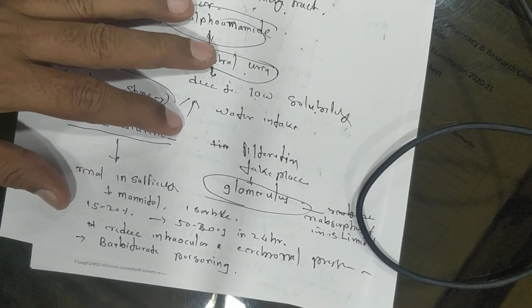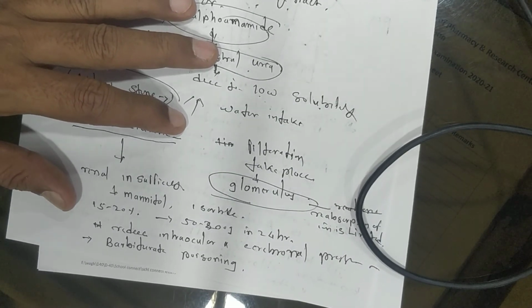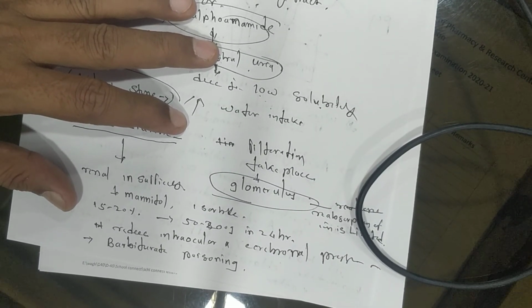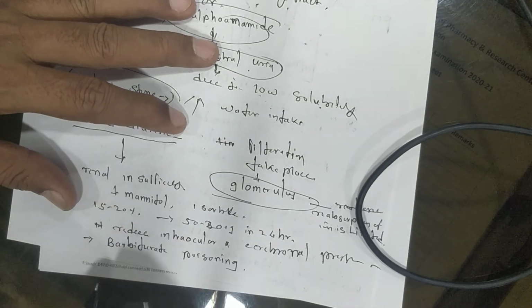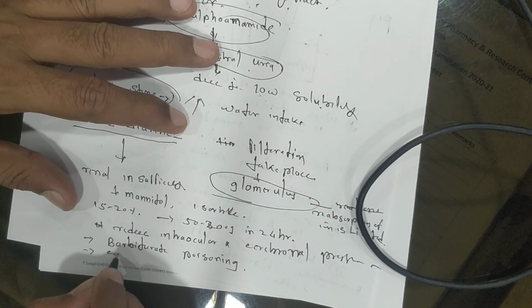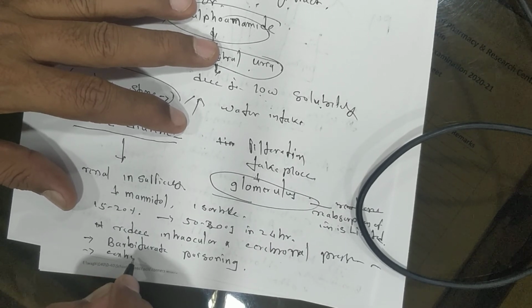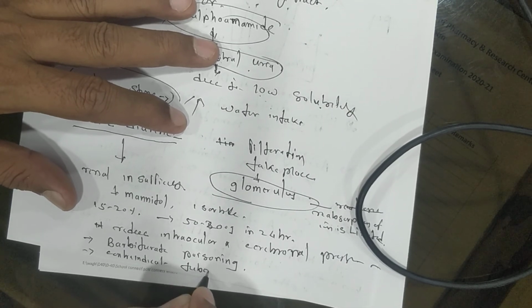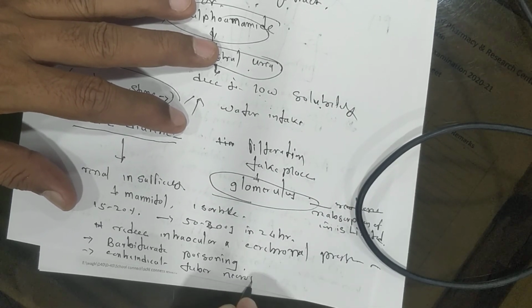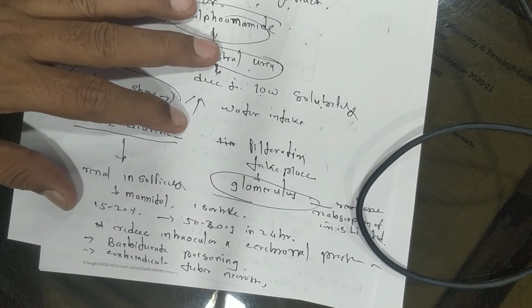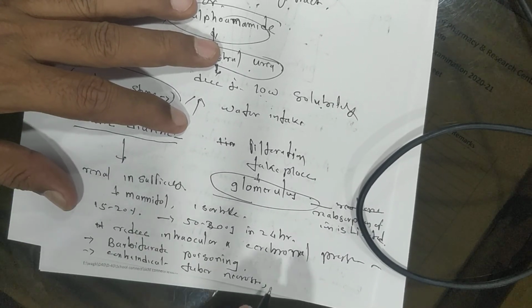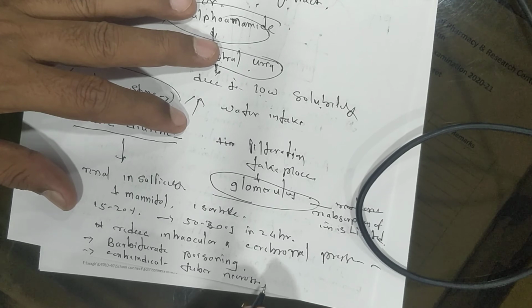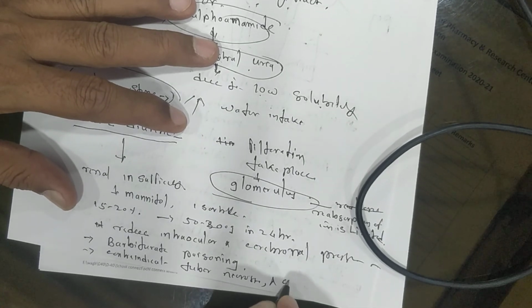Osmotic diuretics are not useful in generalized edema. They are contraindicated in tubular necrosis and acute ventricular failure.